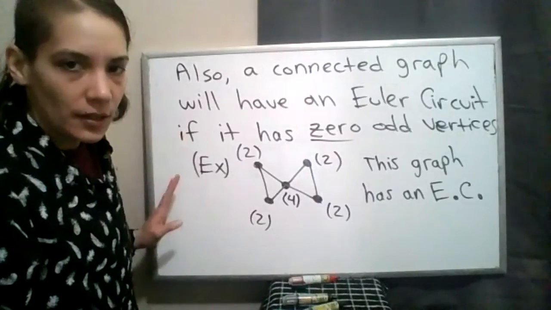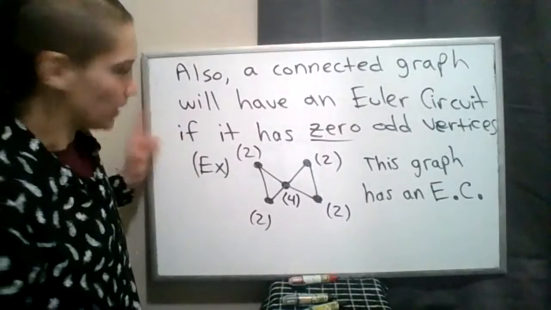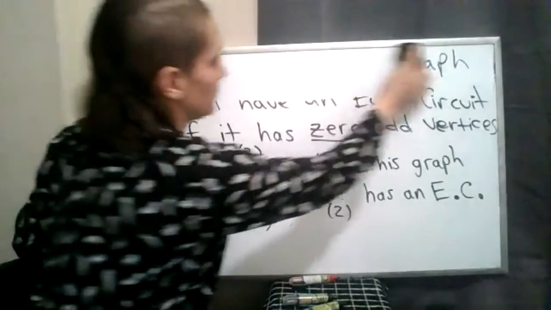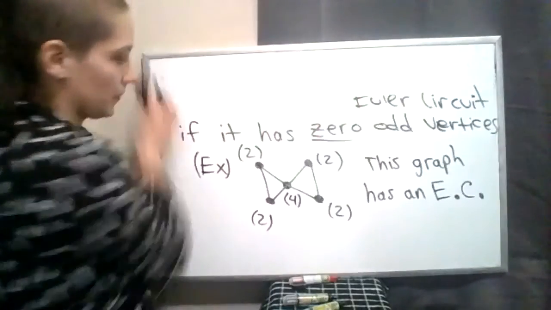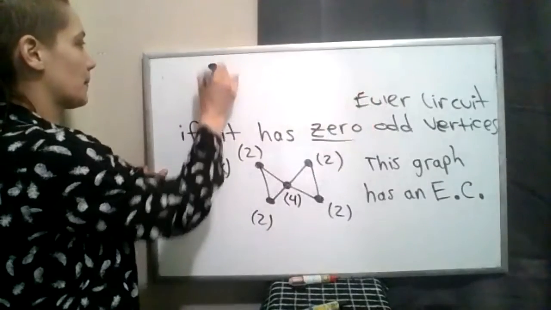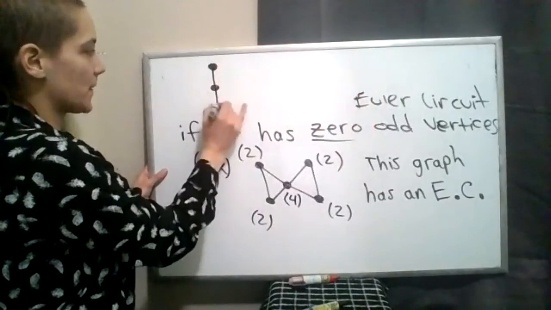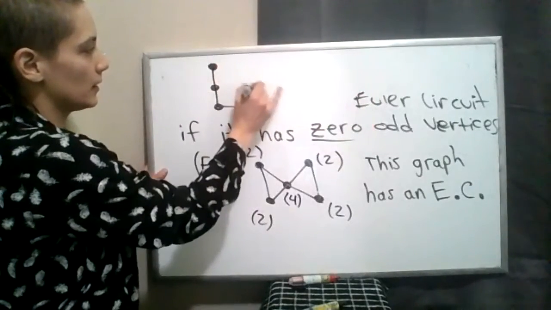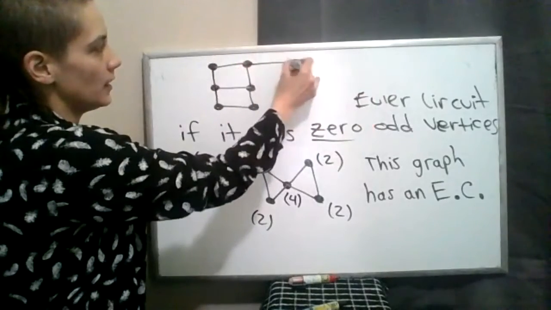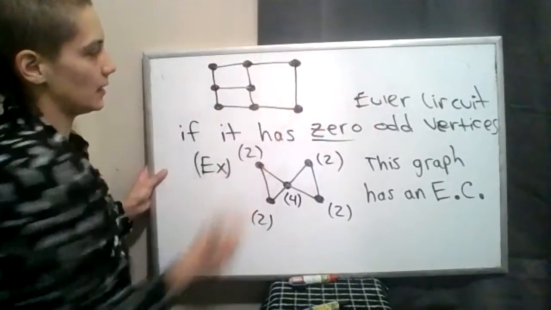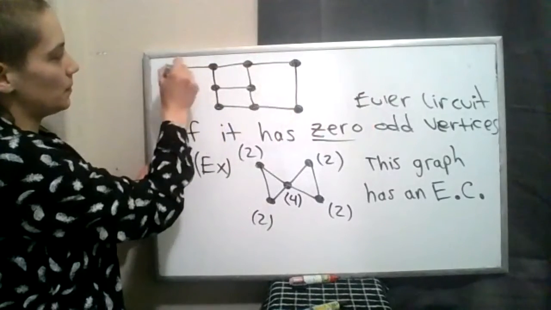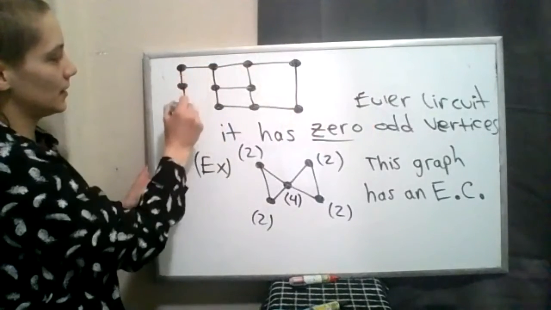Okay, let's try to draw a graph like the one that wasn't working. It was a square, and it had a piece like this.